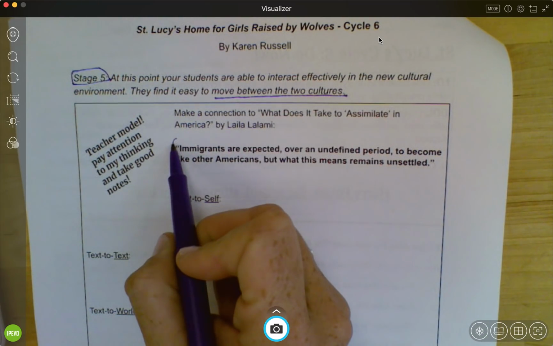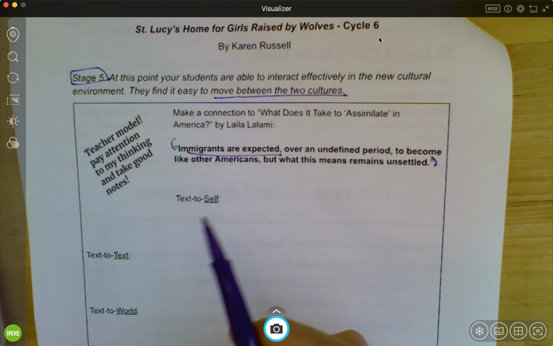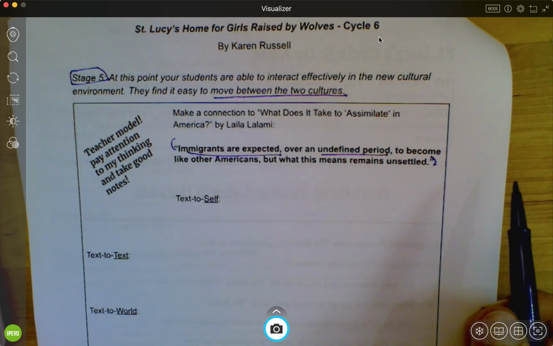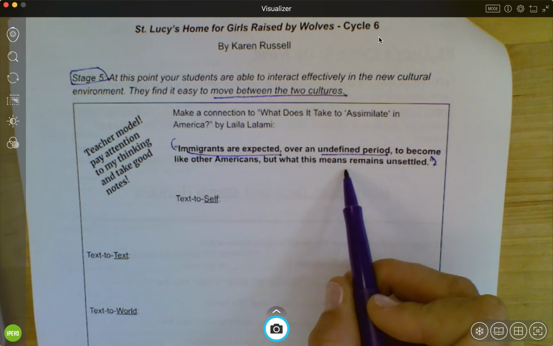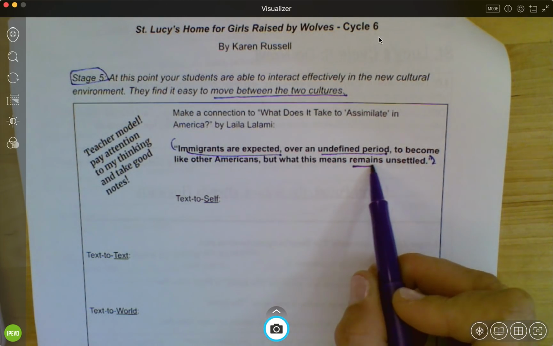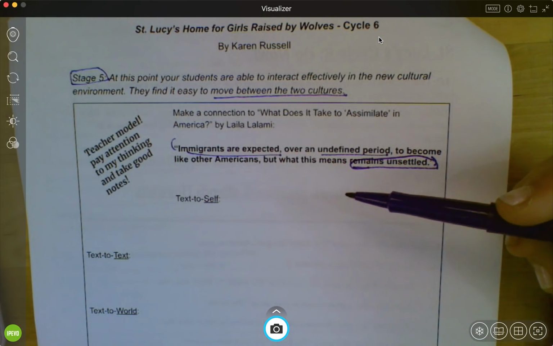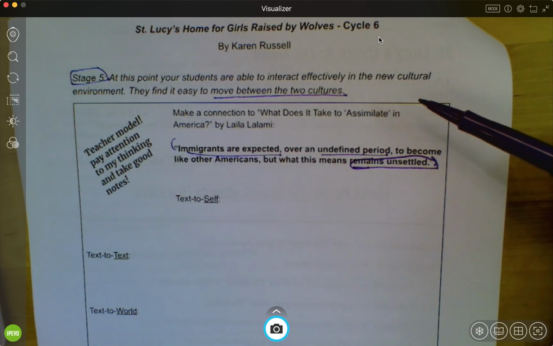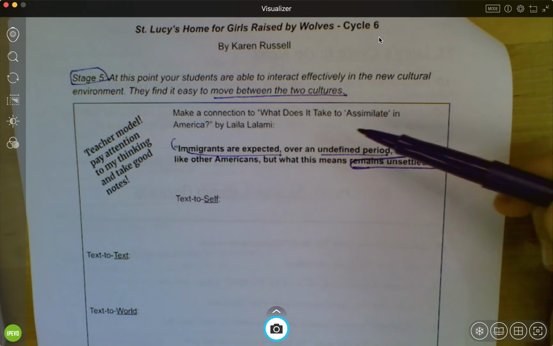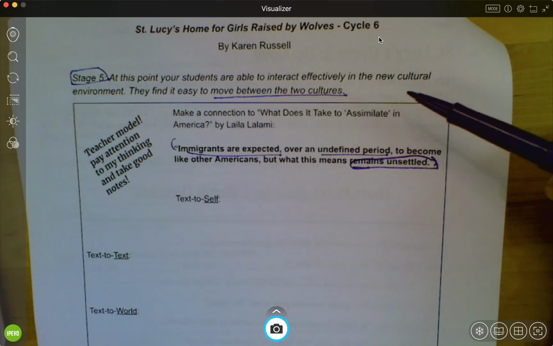There is this quote, and it says, immigrants are expected over an undefined period to become like other Americans, but what this means remains unsettled. So this idea of remains unsettled. All right, so what does it mean for the girls to effectively assimilate into this new culture and be able to move between their old wolf culture and this human culture?